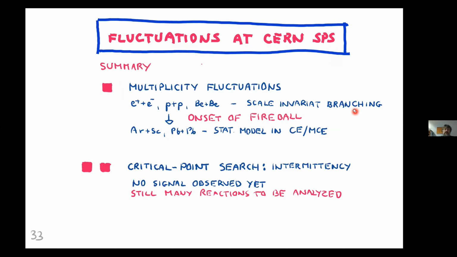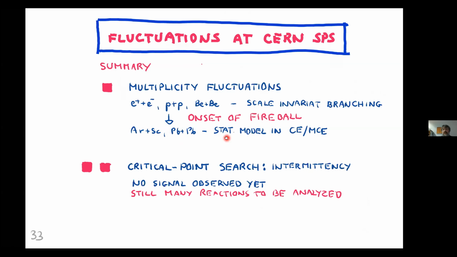However, argon-scandium and lead, I didn't touch this, but actually the first observation of suppression of scaled variance below 1 for negatively charged particles was for central lead, in NA49. One of my PhD students in Frankfurt many years ago discovered this and published. We just confirmed this in argon-scandium.